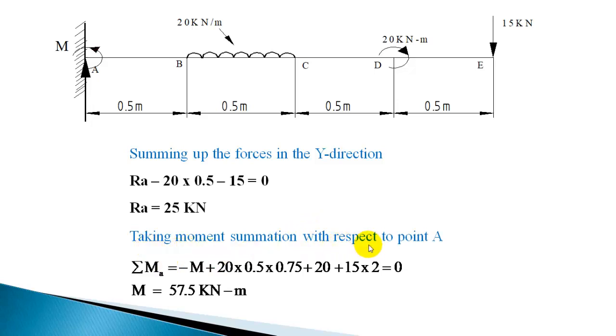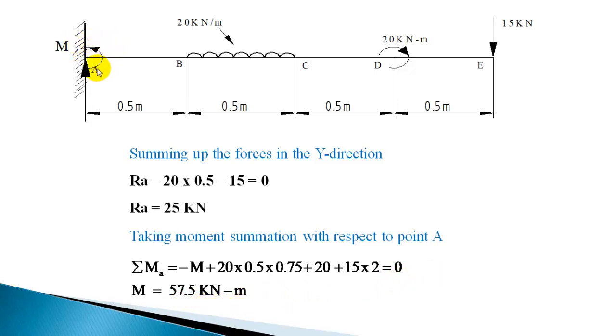So taking the moment summation with respect to point A, minus M plus 20 into 0.5 load into 0.75 plus 20 clockwise couple, plus 15 into the total distance 2 meter. The summation is equal to 0, and from that you get M as 57.5.